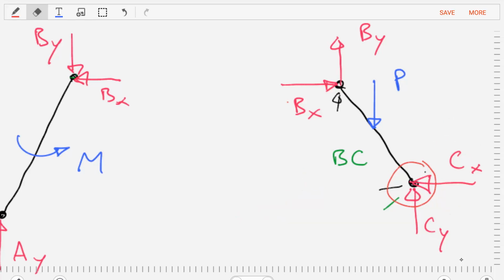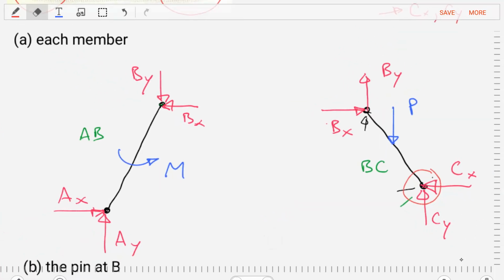So now we've got our two free body diagrams drawn here for our two members. And now the only thing that we might want to do is think about how these diagrams would behave if we were to snap them together like Legos. Ideally, what we should see is these internal forces equal and opposite, so they cancel out and disappear when we get to our full free body diagram.